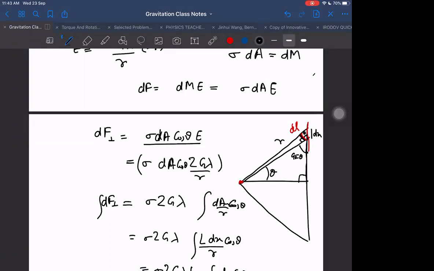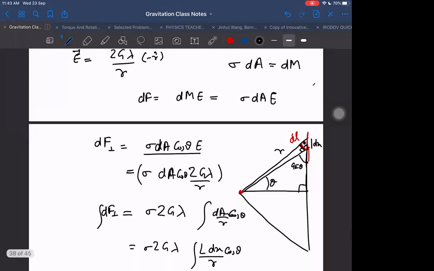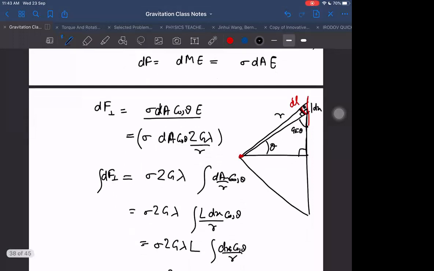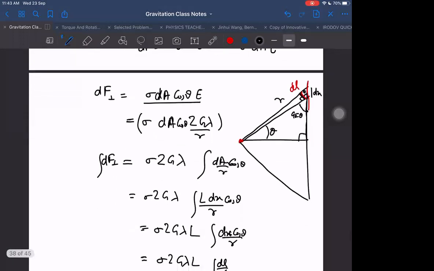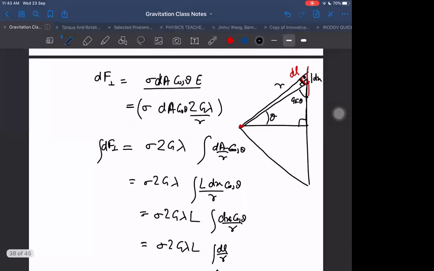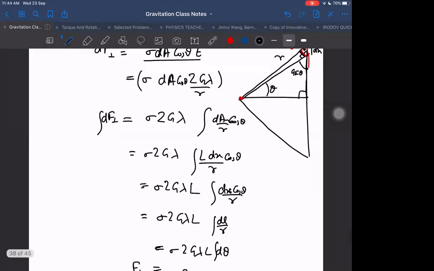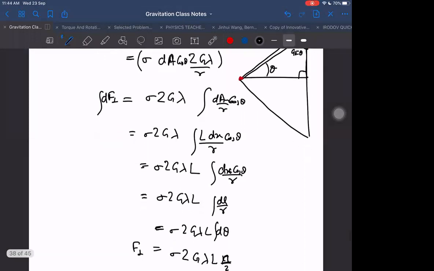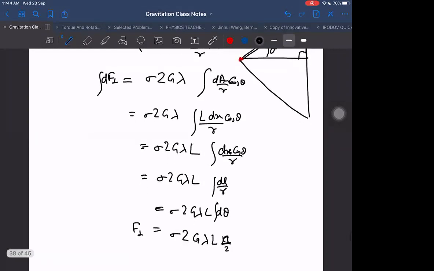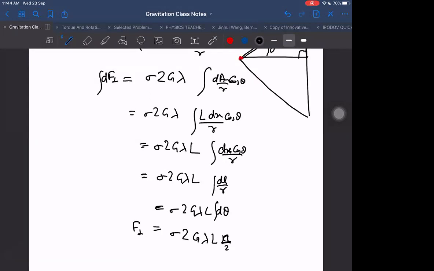So E will become here 2G lambda by R. That is correct only, I think. Then 2G lambda is outside, sigma is outside. Then we are getting dA cos theta divided by R, L into dx by R. What is happening here?